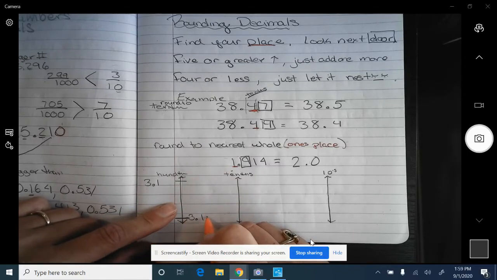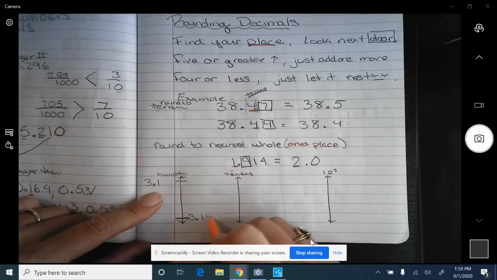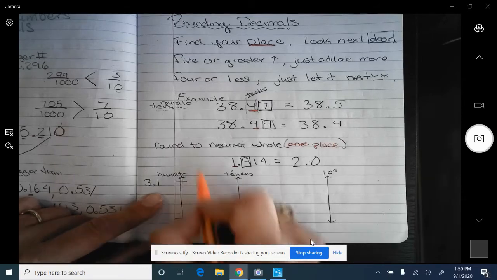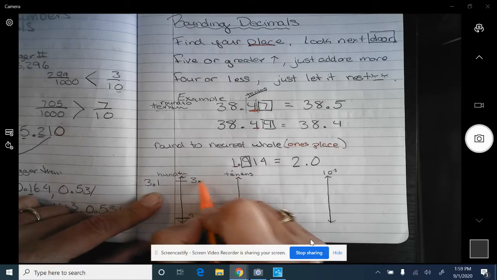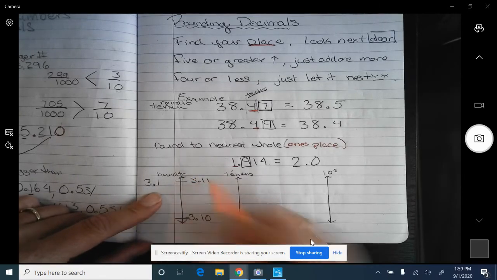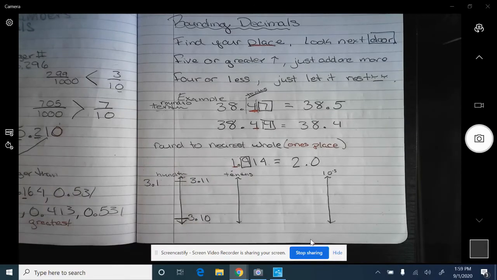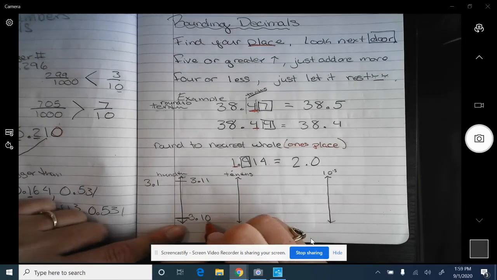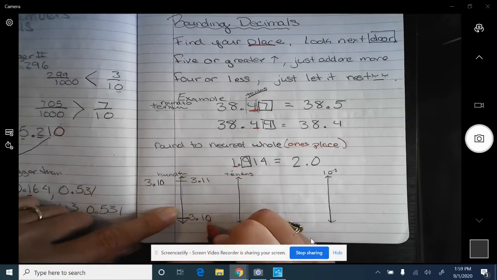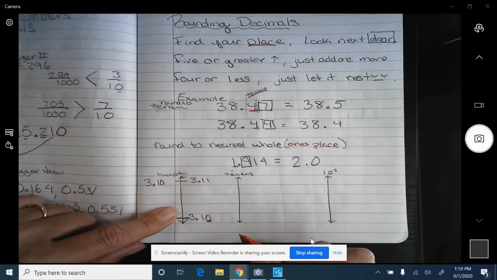So either we're going to let it rest at 3.1, 3.1 is actually 3.10, or we're going to shove it up to 3.11. It's either these, because the place value is hundredths in this one. So I had to add a 0 to even get to the hundredths. The reason I added this 0, which always existed right here, was to get to the hundredths.